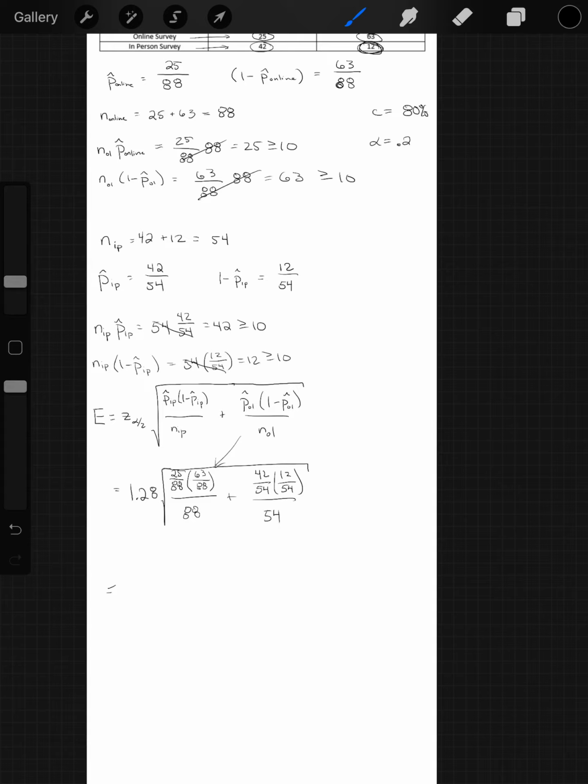And make sure I got all my parentheses in the right place for that piece.